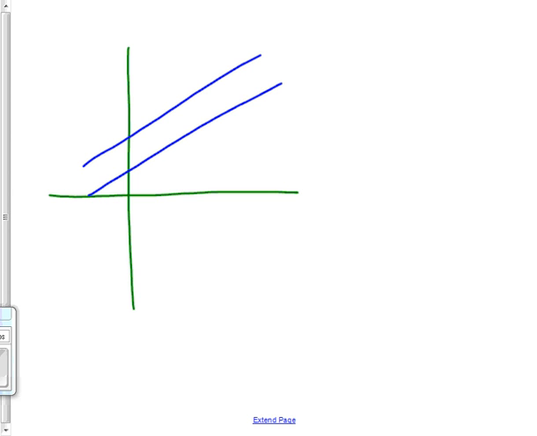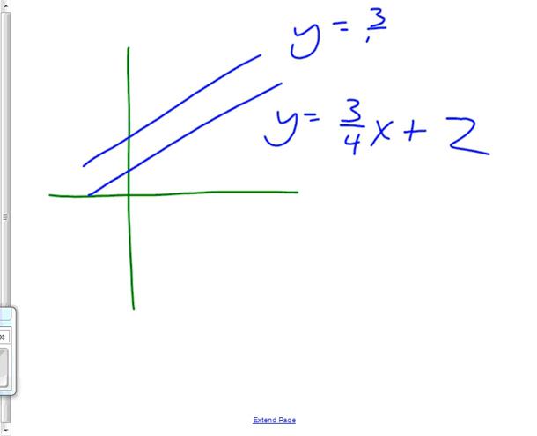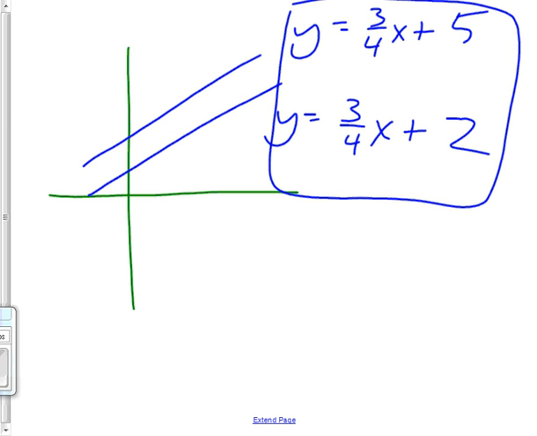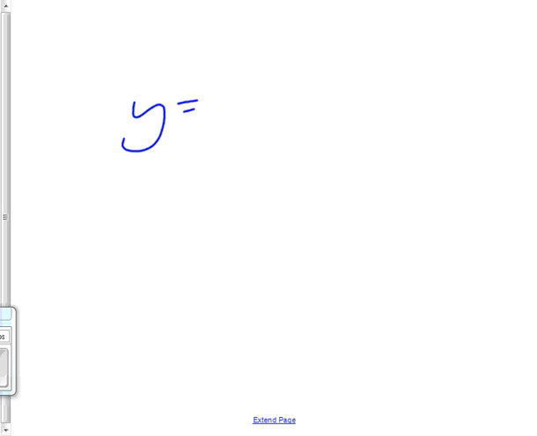Okay, and if they got the exact same slope, if I said this one was y equals 3/4 x plus 2, and this one was y equals 3/4 x plus 5 or something, then if they've got the same slope, you can know they're parallel. So I could even, without having the picture, I could have just looked at these two and said that they're parallel, right? What would it be if they were like this?